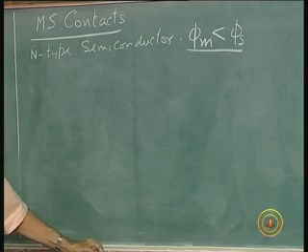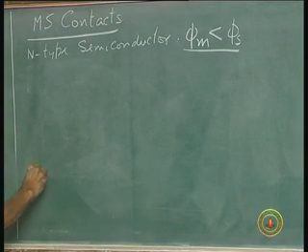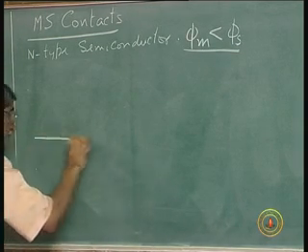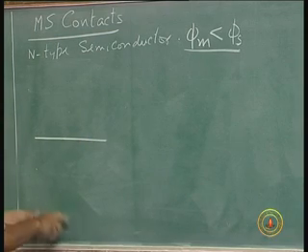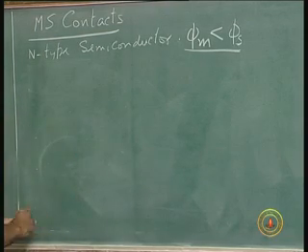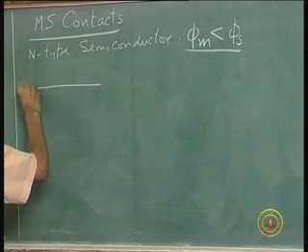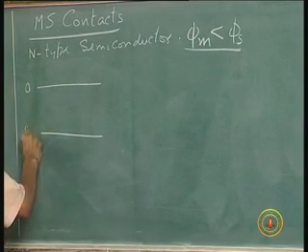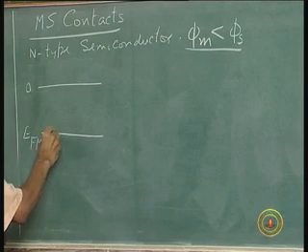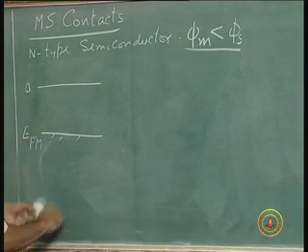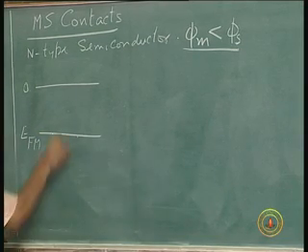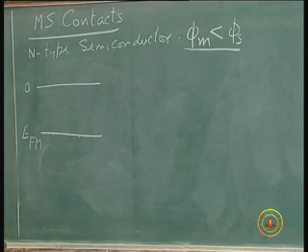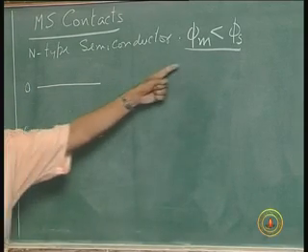Now, you should be able to clearly draw this. I will draw this position somewhere here, because now the phi m is smaller, that means it is closer to this 0 level. Okay? That is the meaning of telling that E f m, that is the Fermi level. Now, it is an n type material, we are talking of phi m less than phi s.